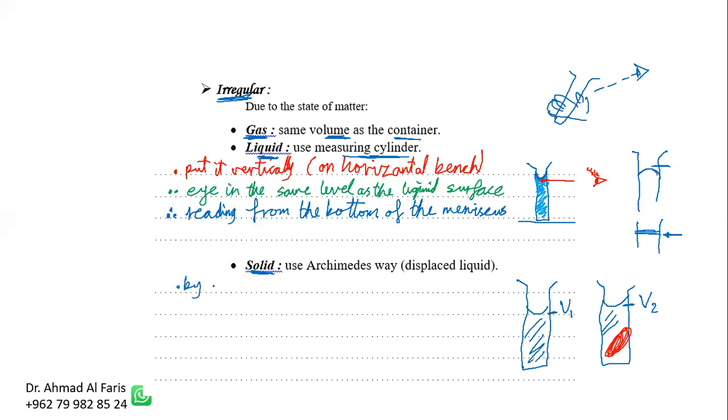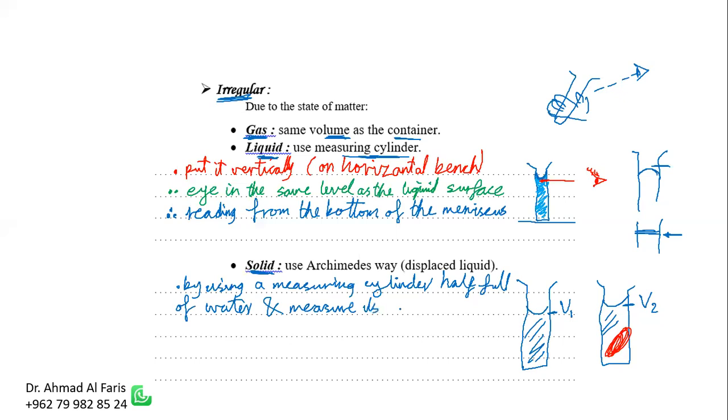So by using a measuring cylinder half full of water, measure its volume, that's V1.